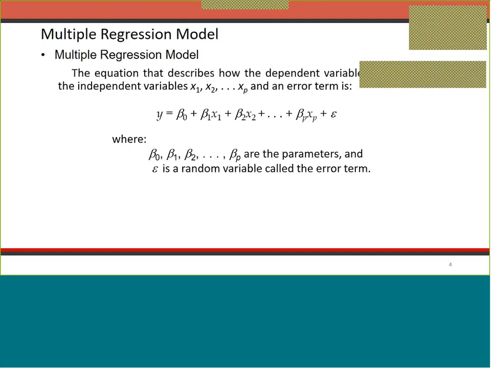So the model is as it is, like what we did in simple regression: y equals beta naught plus beta 1 x1 plus beta 2 x2, and so on, plus beta p xp, plus epsilon. Beta naught, beta 1 and so on, beta p are the parameters which you need to calculate. x1, x2 and so on, xp are the independent variables, y is the dependent variable and epsilon is the error variable.